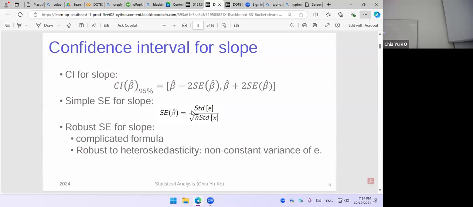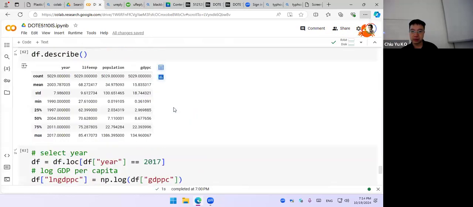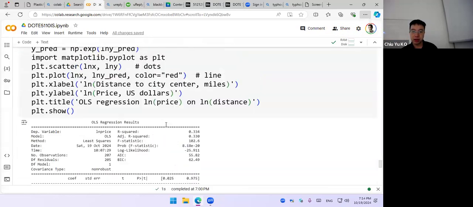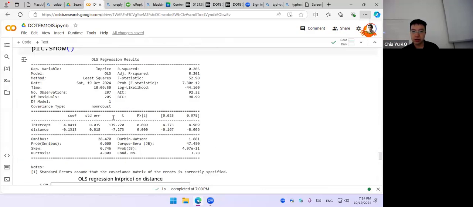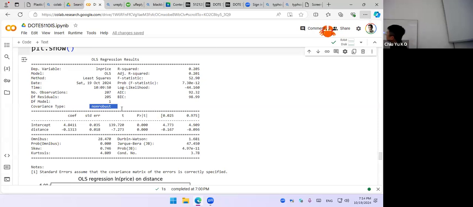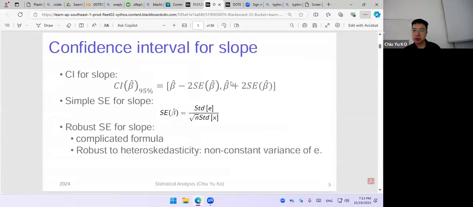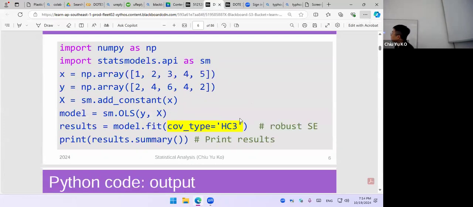Actually, if you look at our regression result, a simple regression like the ones we've been doing, you will see the covariance type is nonrobust. Robust is the simple one, and in general you want the robust version. For the robust version, it's very simple. When you fit the model, you tell it you want to fit one particular type.